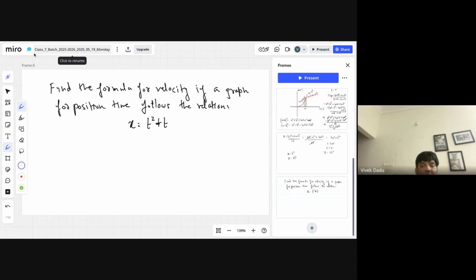X equal to t square plus t is the relation. If a graph for position time follows the relation.